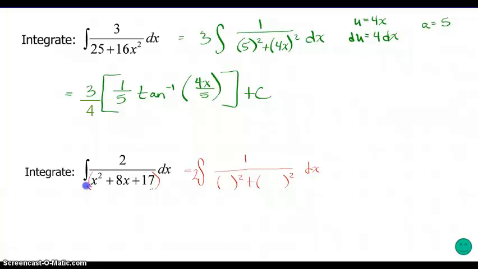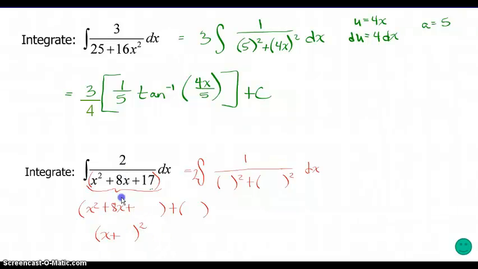And so the trick here is to complete the square on the x squared term and the x term, and whatever's left over becomes a squared. Because then you'll have a perfect square trinomial, and you'll have x, plus or minus something quantity squared.